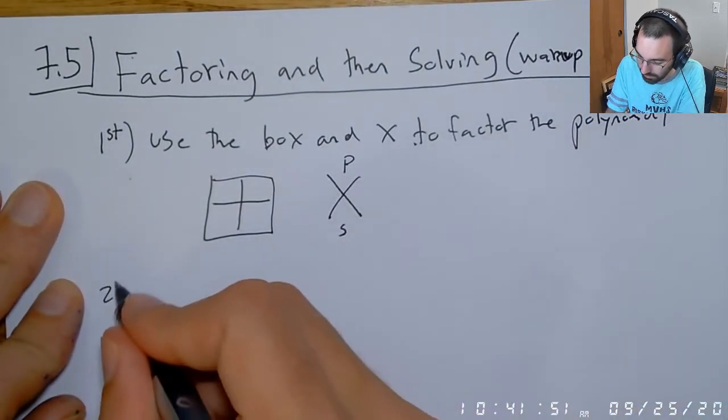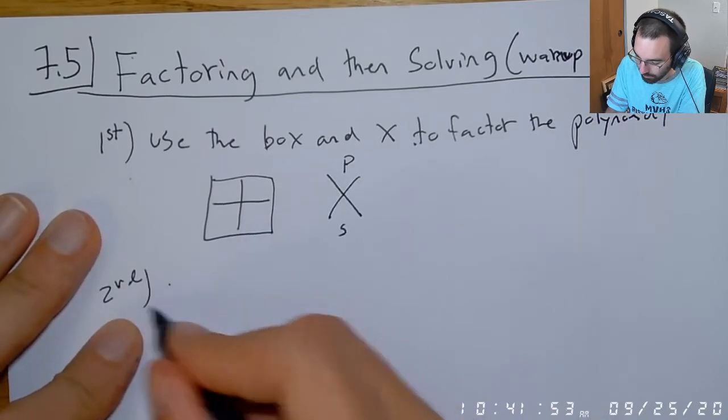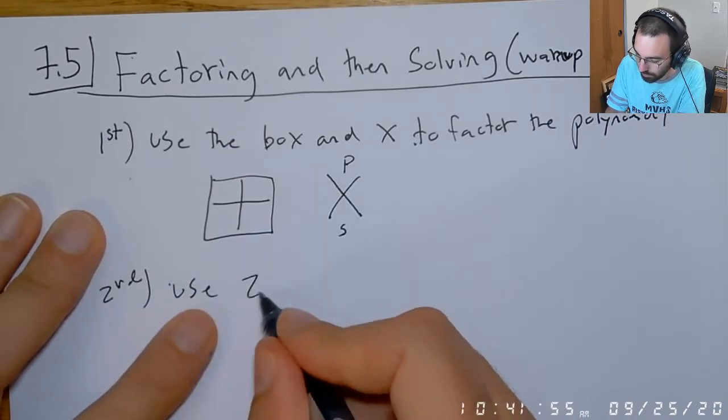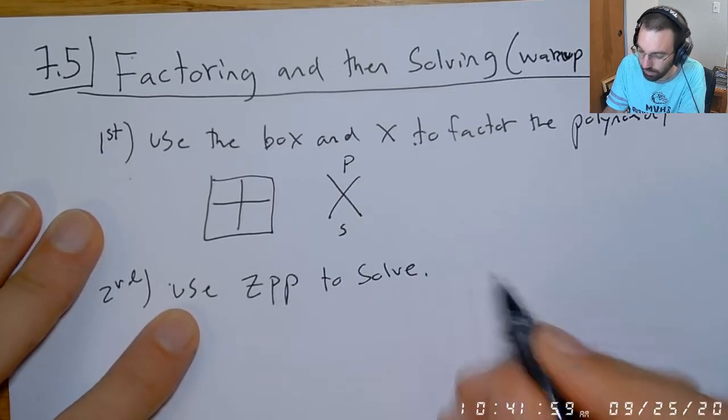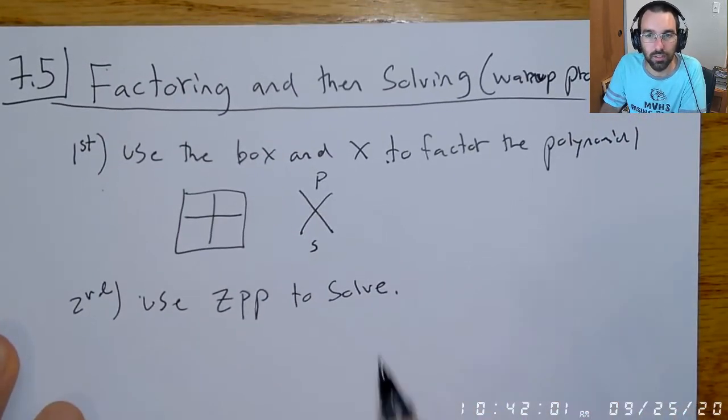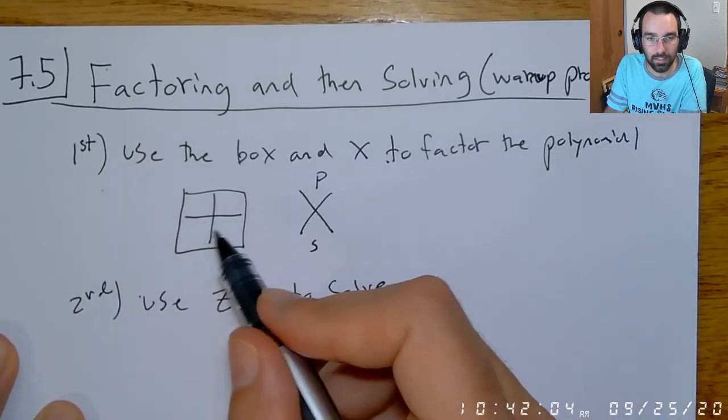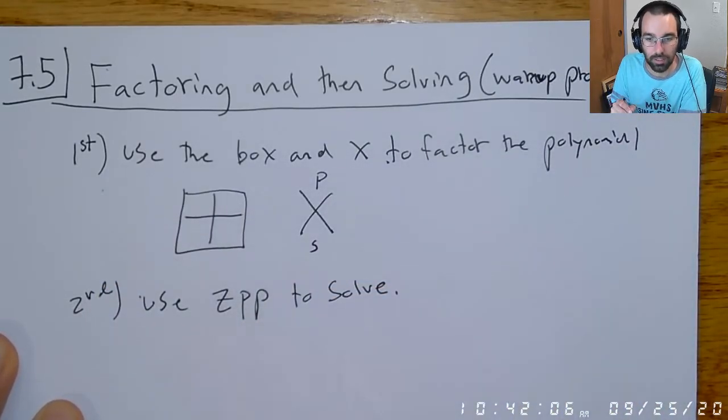Okay? And then second, use zero product property to solve. Okay? So there's 2 steps in this, right? There's use the box and the x, and then using zero product property.